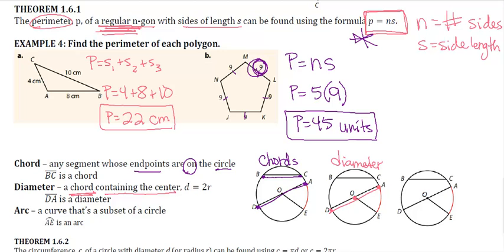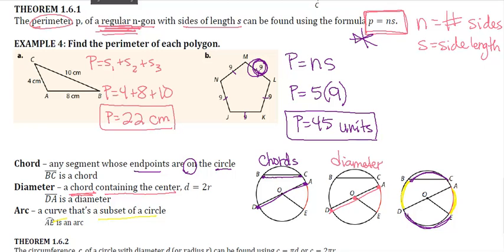All right, so the diameter is a special type of chord. Okay, then we have an arc. An arc is a curve that's a subset of the circle. It tells us AE is an arc, but so is BD. BD is an arc, and DE is an arc, and BC is an arc.